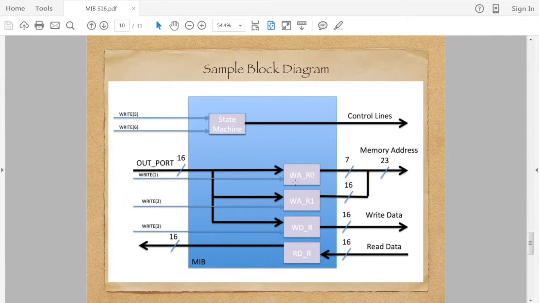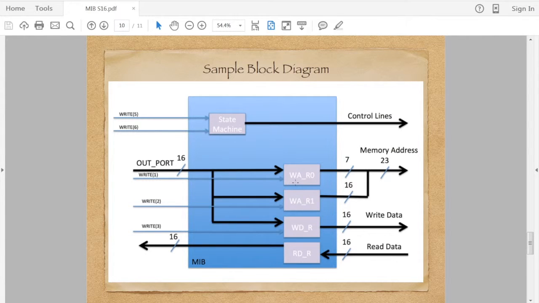Combined, they produce the 23 bits of address to our memory. We write address register 0 with write 1. We write address register 1 with write 2. And we write the data that we want to be written to write 3.